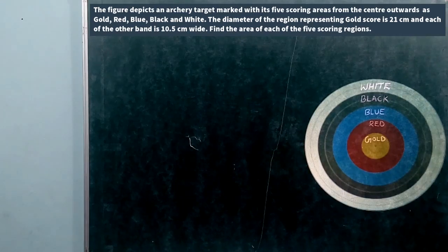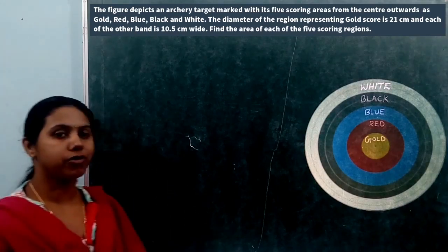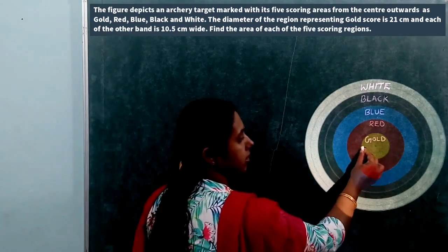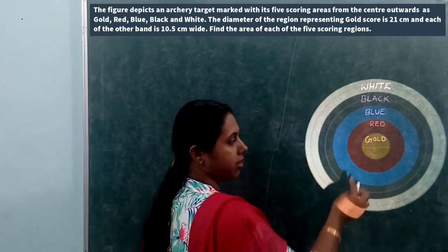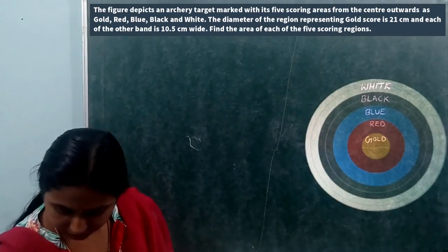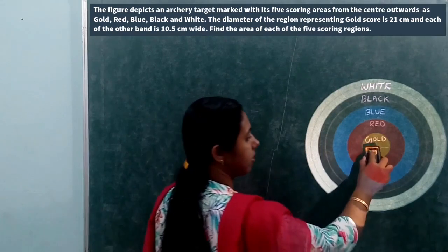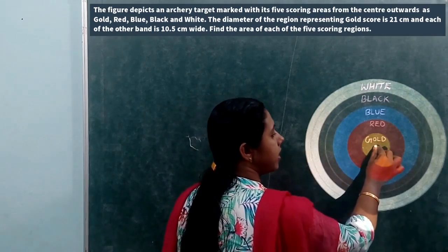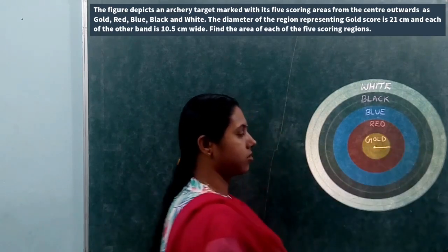Here, the diameter of the gold is given as 21 centimeter. That means the whole distance is 21, and the radius is equal to the radius of the gold region.